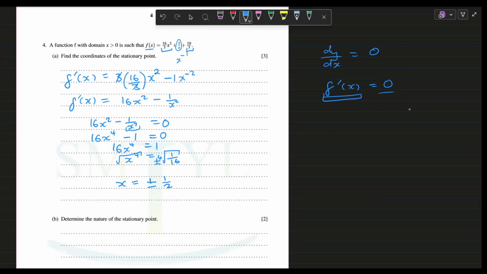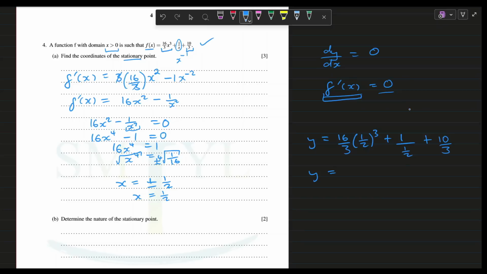But notice that our domain says x is greater than 0. So our x coordinate for this stationary point is going to be 1 over 2, because that's the one that's greater than 0. And now we have to find the corresponding y value. To do that, we can use the equation of the curve. So our y value is going to be equal to 16 over 3, replace x with 1 over 2, so that's 1 over 2, and this is cubed, plus 1 over x, so 1 over 1 over 2, plus 10 over 3.